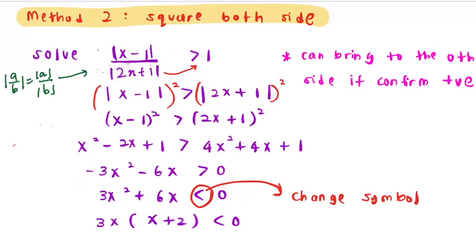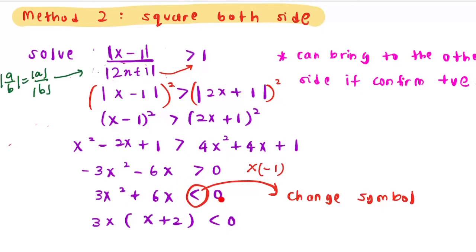We don't want negative, so multiply everything by minus 1. So it becomes 3x squared plus 6x, flip the sign, and your right hand side is 0. Now factorize. You have 3x in the bracket, x plus 2. Let's find the zeros, or the roots. x equal to 0.